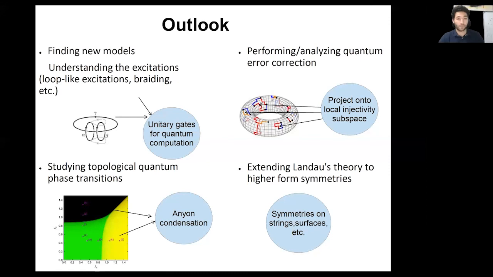And also, when we first saw at the beginning, this topological order does not fit in this local order parameter paradigm, well, it seems like it can actually be extended to something called higher form symmetries. So all these topological ordered systems, or at least some of them, could be understood by, instead of zero form global symmetry, which is what we are used to, higher form symmetries.